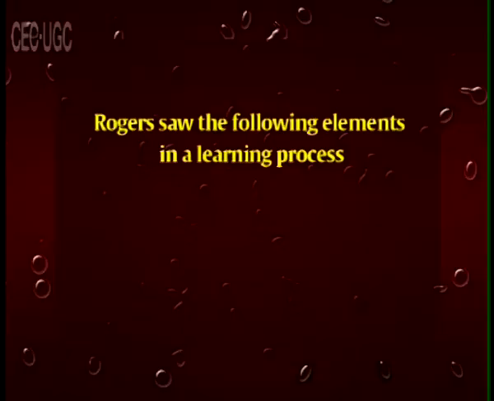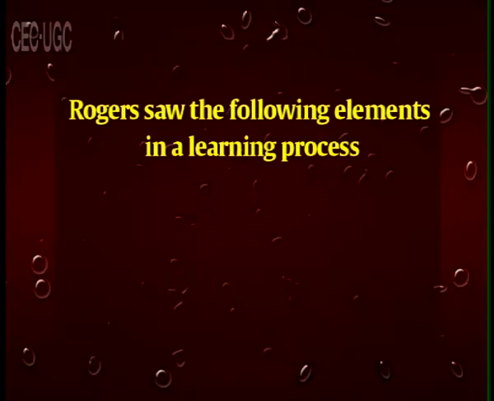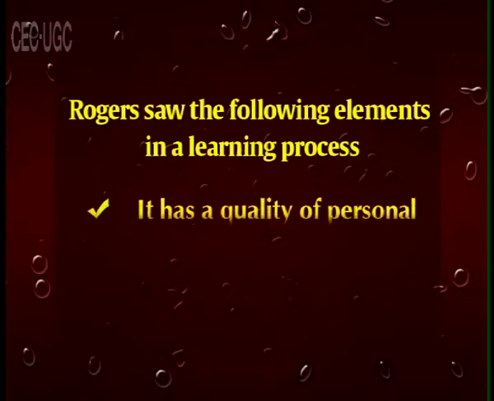The most beautiful exploration of a humanistic orientation to learning comes from Rogers, who saw the following elements as being involved in a learning process. Number one, learning has a quality of personal involvement.